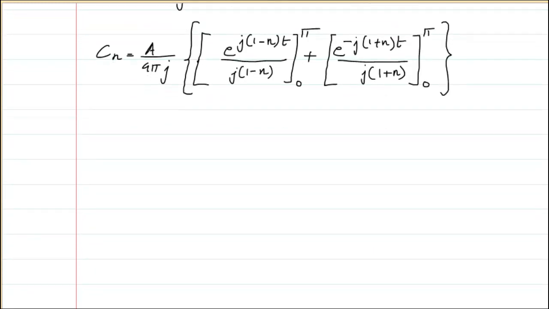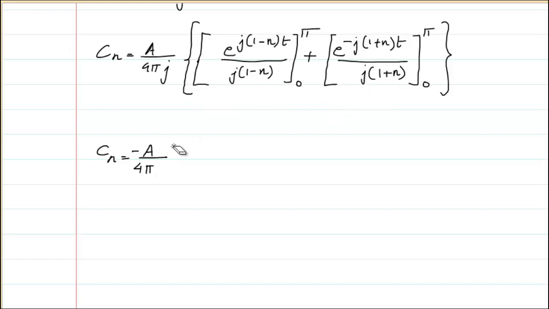So let me write again, c of n or cn is equal to a divided by 4 pi, and that j and the j that is inside, if I take commonly outside, it will become minus 1, which I can write as minus a.